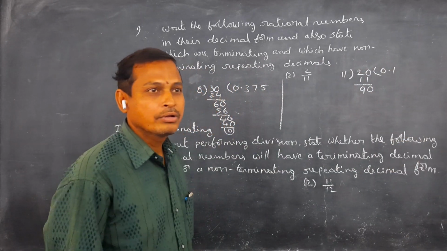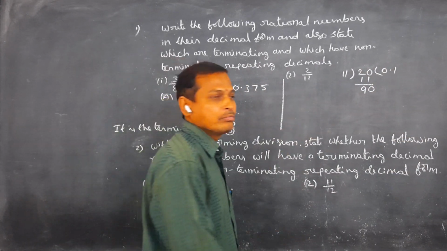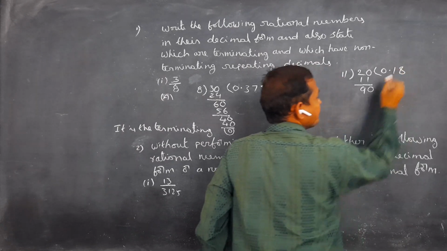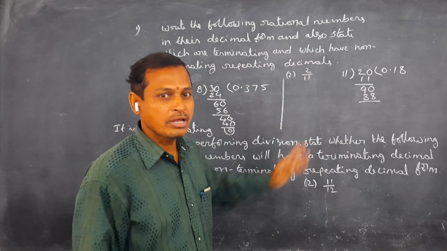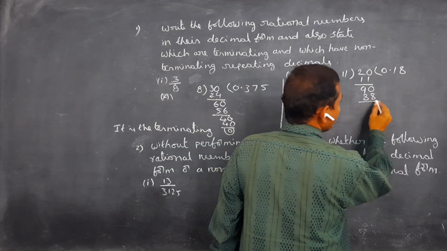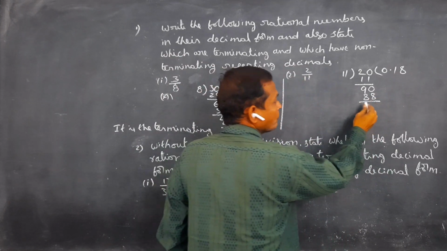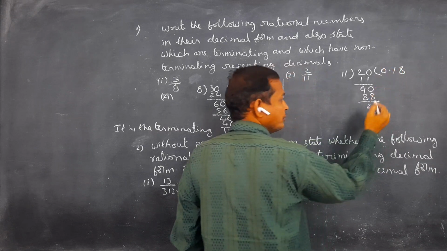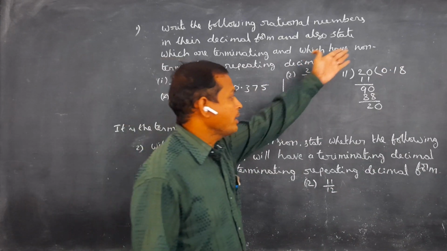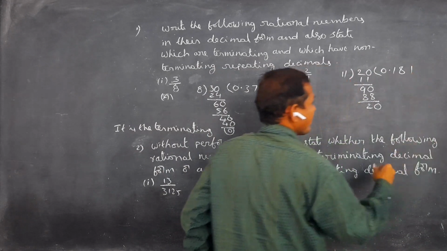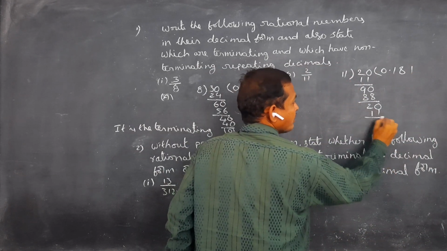Again we take down 0. 11 table, how many times? 8 times 11 is 88. Again what is the difference value? 2. Again 0. Again, how many times? 1 time, so 11.